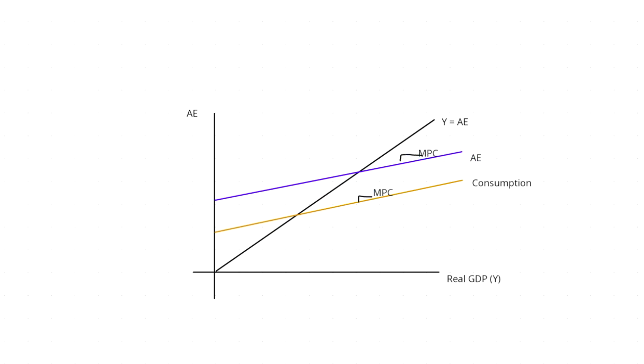The difference between this purple line and this brown line really is the exogenous factors. So your exogenous factors are planned investment, government spending, and net exports. This gap right here is actually your autonomous consumption.